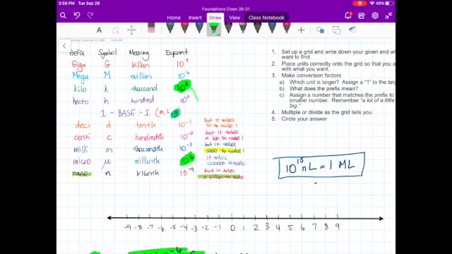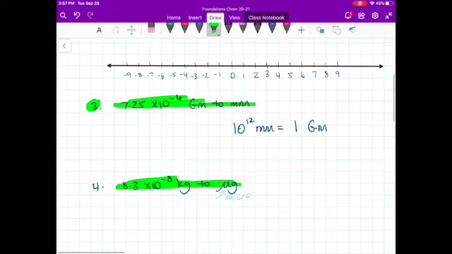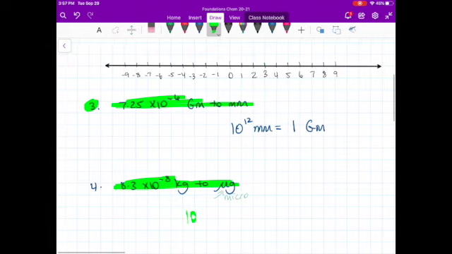So can you see, to go from there to there, it's 10 to the 3rd to 10 to the minus 6th. So the difference in powers of 10 is 10 to the 9th. So it's going to take 10 to the 9th micrograms to make 1 kilogram. Remember, the big one always gets the 1. Okay, I want you to pause the video and do this on your own, and then we'll come back and look at the answer.